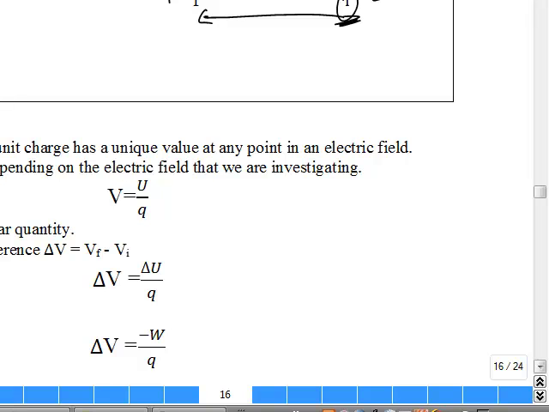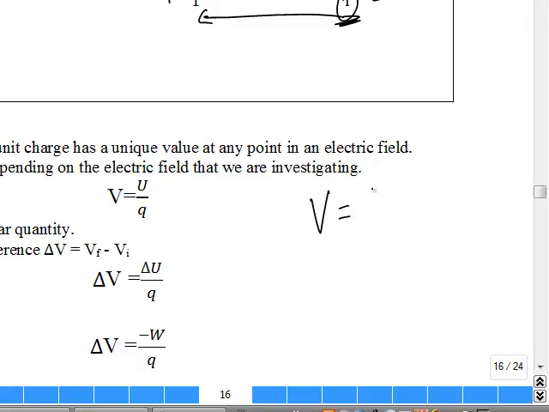So here's this thing that everybody gets confused on, this electric potential. What the heck does it mean? What is it? Basically it's just something that we can measure that gives us an idea how much energy each unit charge has within an electric field. We talked about this before.